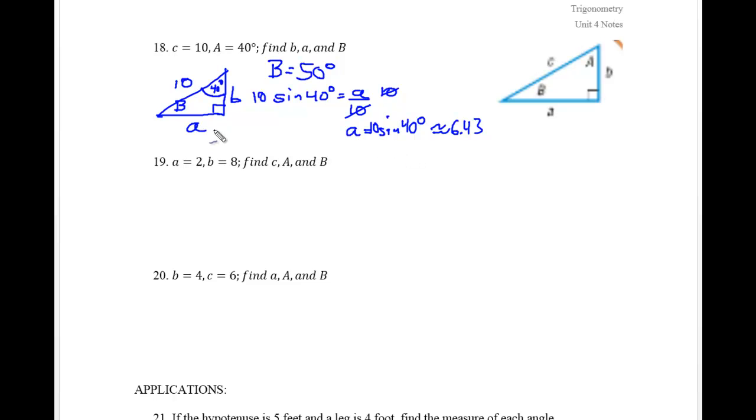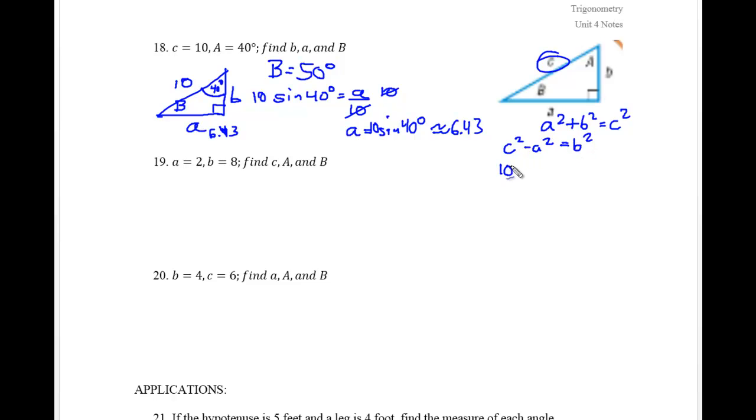And since I know that A is now 6.43, I'm going to use the Pythagorean theorem to find B. Now, you'll note that in the last several problems, we've had a squared plus b squared equals c squared to find my missing side C. But in this case, we actually know side C. So we know C and we know A, so we're going to find the missing side B. Another way to write this is c squared minus a squared is equal to b squared.